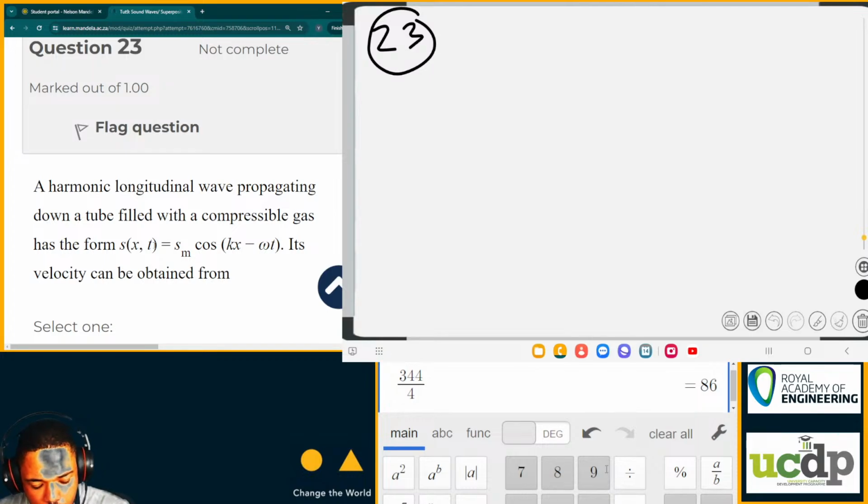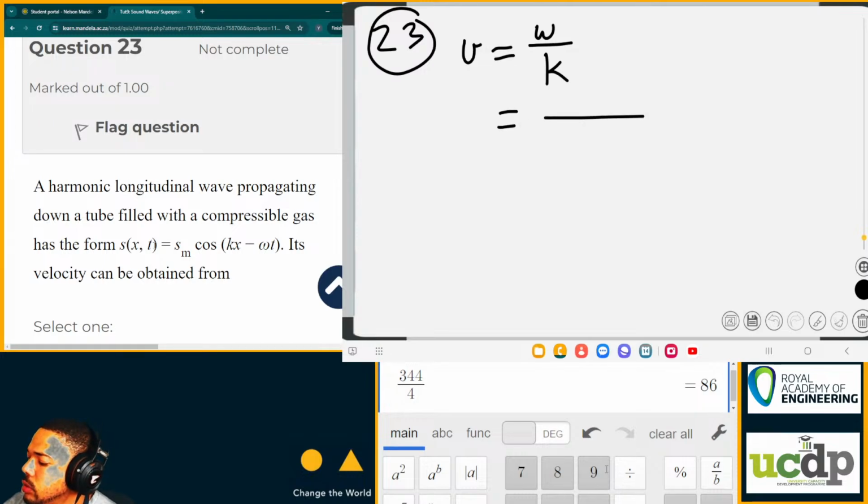Okay, the velocity can be obtained from omega, the angular frequency, over the angular wave number, so omega over k. Now how does this work? Omega we know is 2 pi over T, and the angular wave number is 2 pi over lambda.